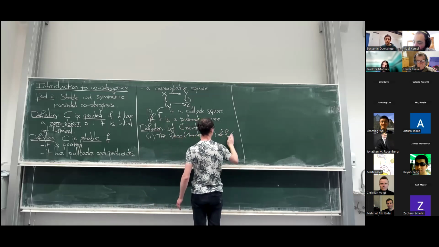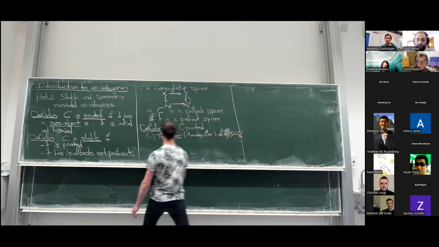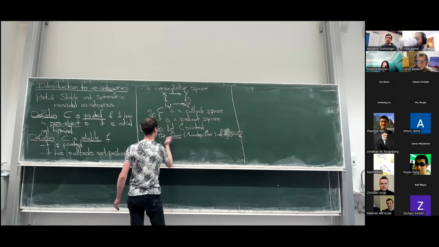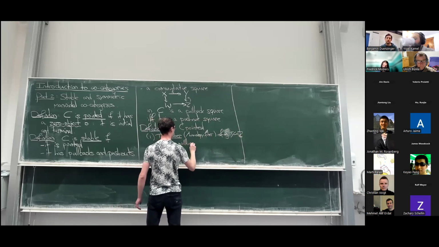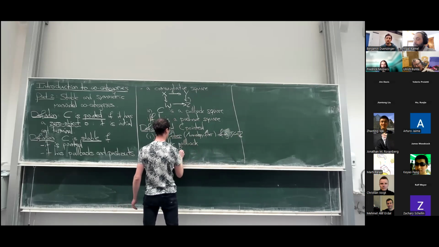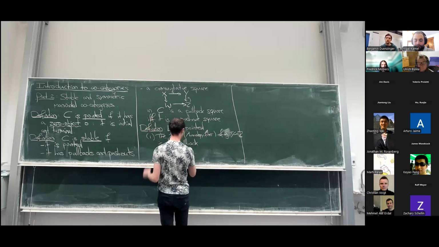The fiber of a homomorphism from Y to Z is a certain pullback, namely, it's the pullback where we take W to be the zero object.